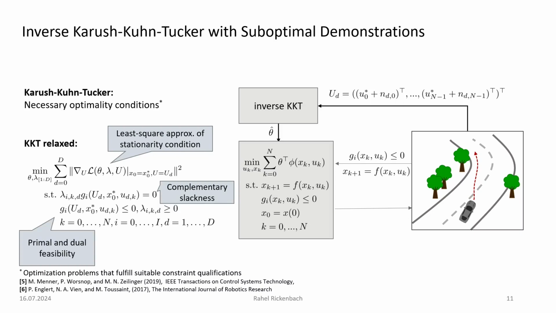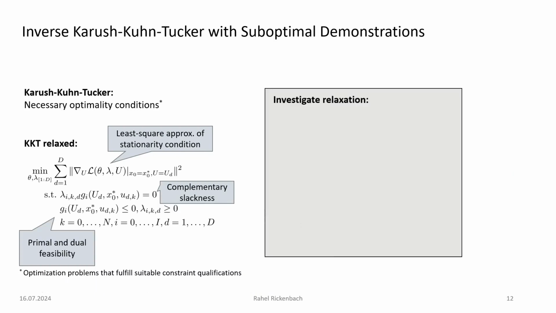However, if we take a closer look at this approximation for the specific problem class where we are linear in the unknown objective parameter theta, we can rewrite the stationarity condition as a regression problem. Here J theta is our objective Jacobian and J lambda our constraint Jacobian, which describe our feature vector J that depends on u.